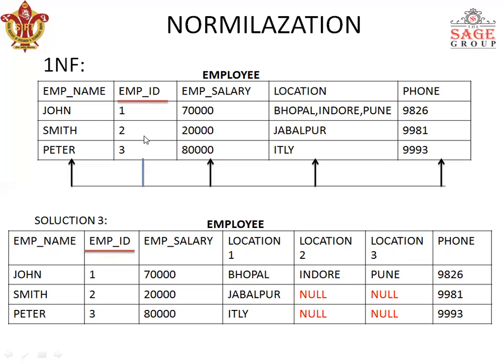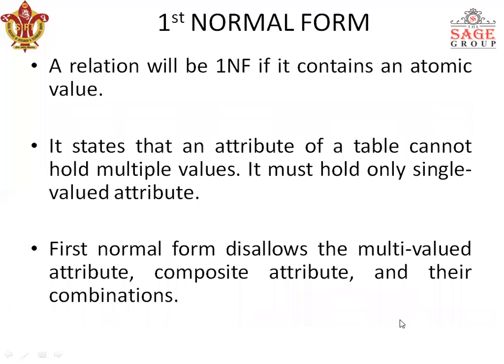But employee ID 2 and employee ID 3 have only a single location. That's why it is inserted into the location 1 column. By default, the other locations are not available. If there is any missing or unknown value, by default we put a null attribute. So the problem in this solution is that we have avoided the data redundancy, but null records are inserted. So here we go with 3 solutions.